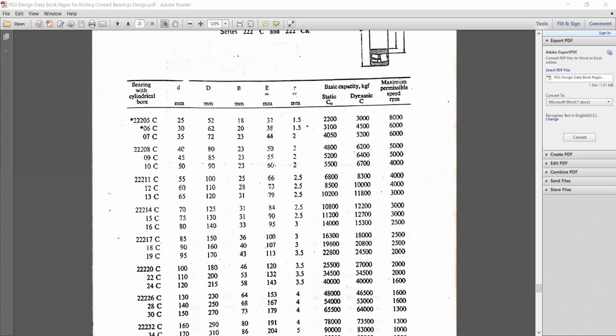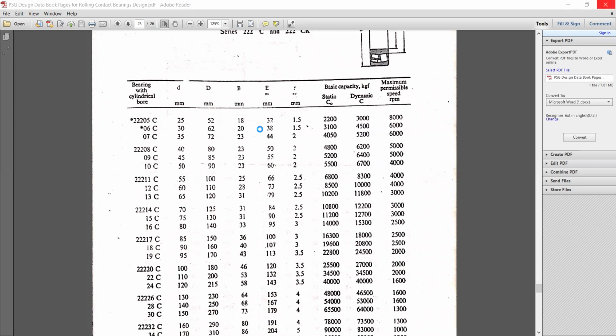Okay, so in this problem we have discussed the selection and design of a spherical roller type bearing with temperature gradient. Now we will discuss one more problem which is subjected to shock load as well as temperature gradient.